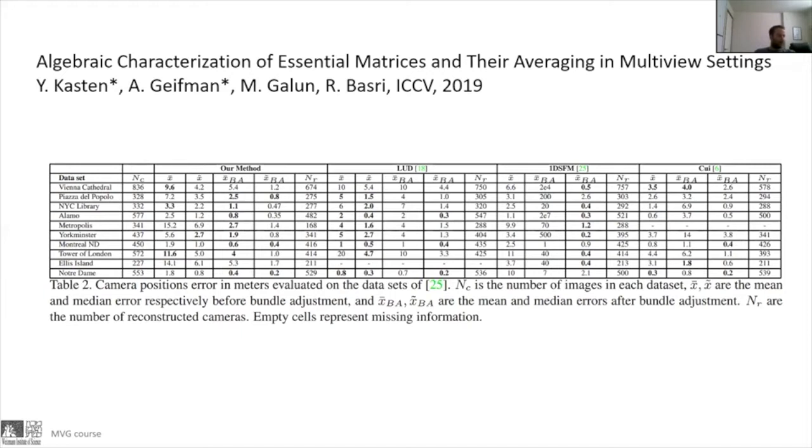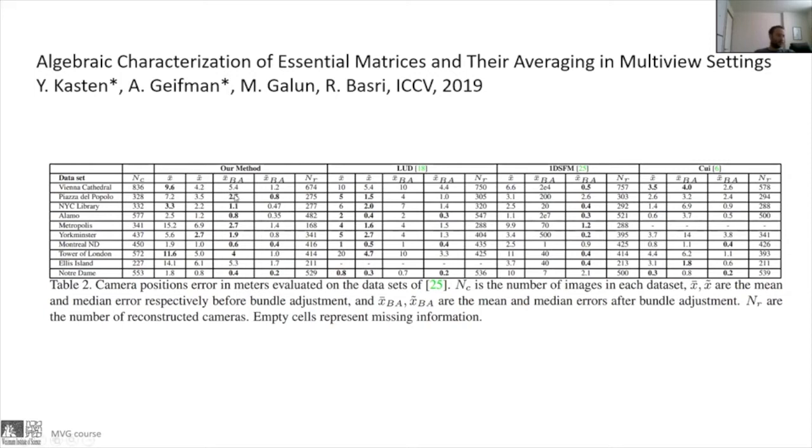So here are results from a paper from our group. And you can see the accuracy of the position, where we actually did a reconstruction of the scene. In this column, you can see the number of cameras. And X bar is the mean error in the translation and the position in meters, and X tilde is the median error.